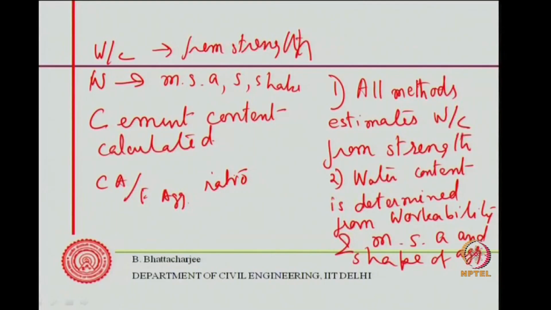In the ACI method, you first find out the volume proportion of coarse aggregate in the total concrete, and then multiply this by the dry rodded density, which gives you the amount of aggregate.